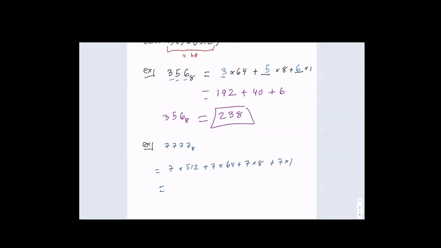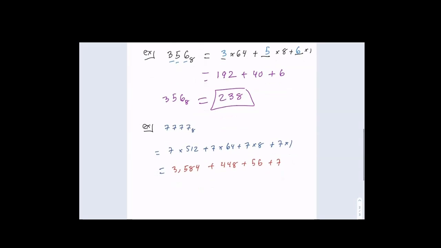All right, so 7 times 512 is 3,584, plus 7 times 64, 448, plus 7 times 8, which is 56, plus 7.